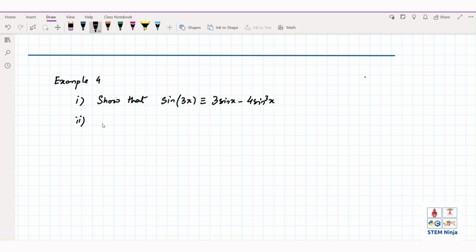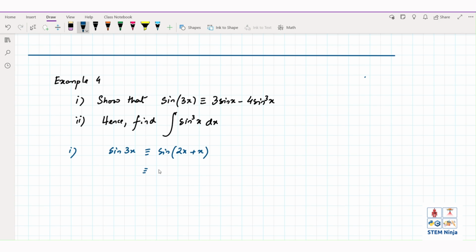And the second part would be, hence find the integral of sine cubed x dx. It's possible that they could use some limits also, but let's do the indefinite form. So for the first part, we need to see that we can expand sine 3x as sine of 2x plus x.